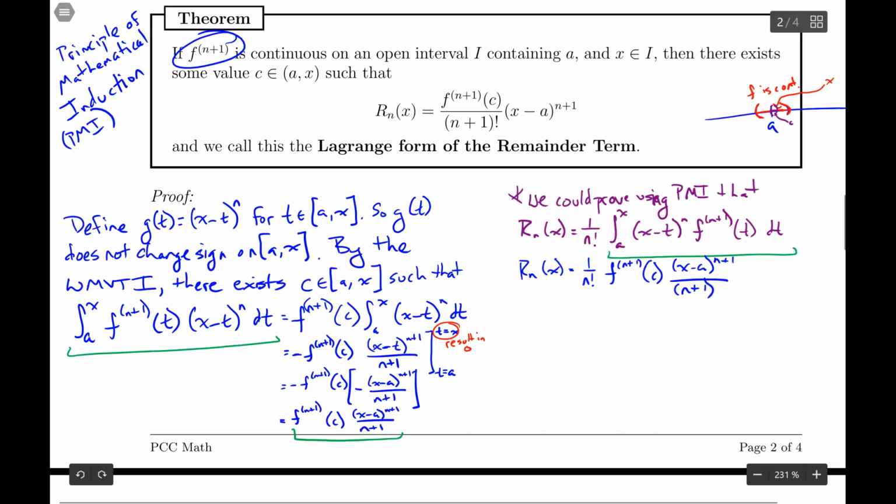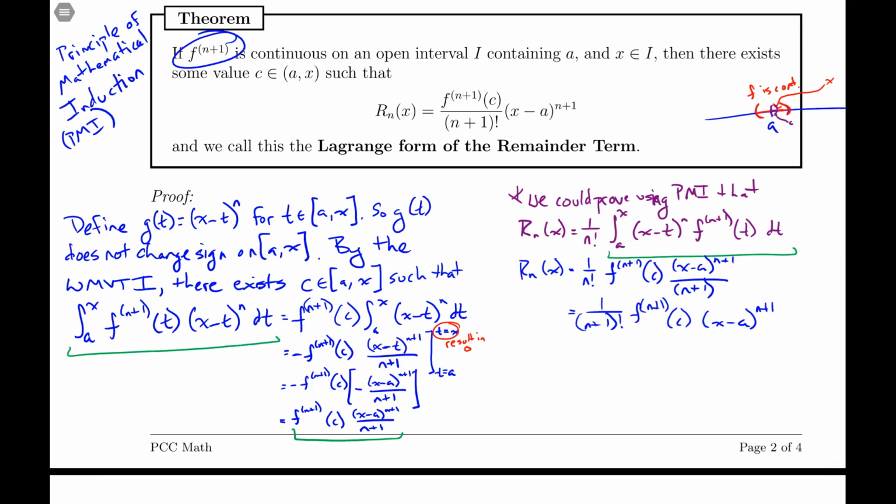Now notice we have a denominator now of n plus 1 times n factorial. And n plus 1 times n factorial, that's just another way of saying n plus 1 factorial. So this is 1 over n plus 1 factorial times the n plus first derivative at c multiplied by x minus a to the power of n plus 1.